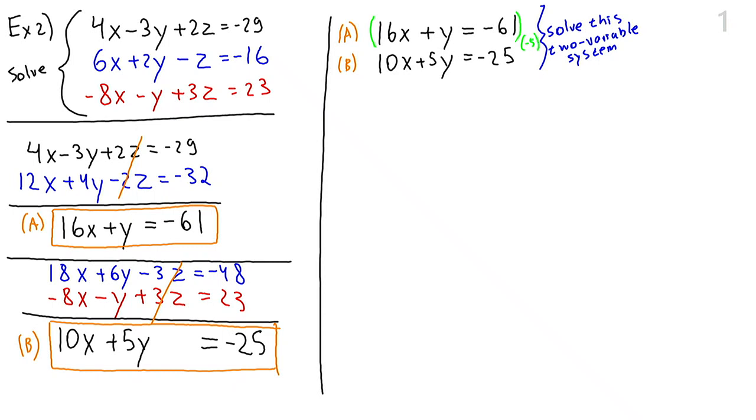So equation A becomes -80x minus 5y equals 305. -5 times -61 is 305. The second equation I leave untouched.